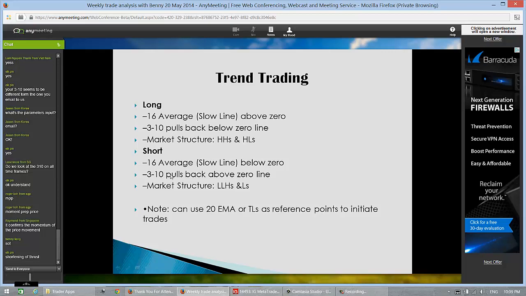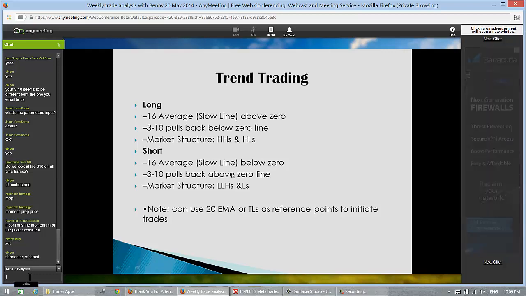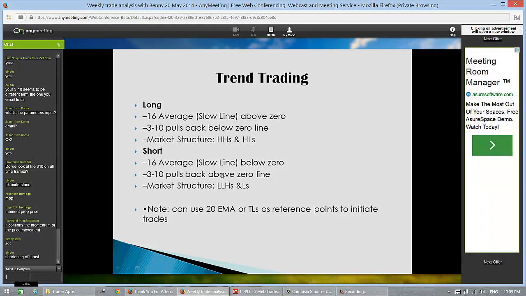The fast line must pull back towards the zero line or above the zero line, the same, right? And the market structure must create a lower high, lower low. You can also use the 20 EMA or trend line as a reference point to initiate the trade, right? This is in our optionals.